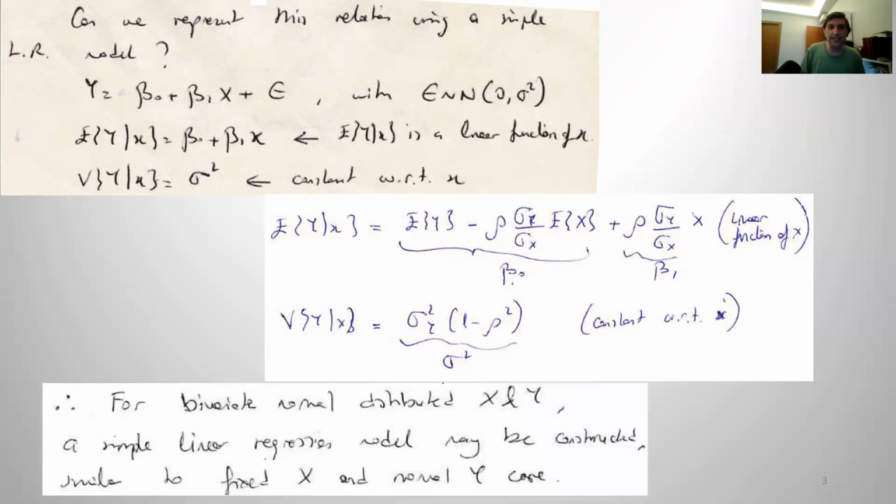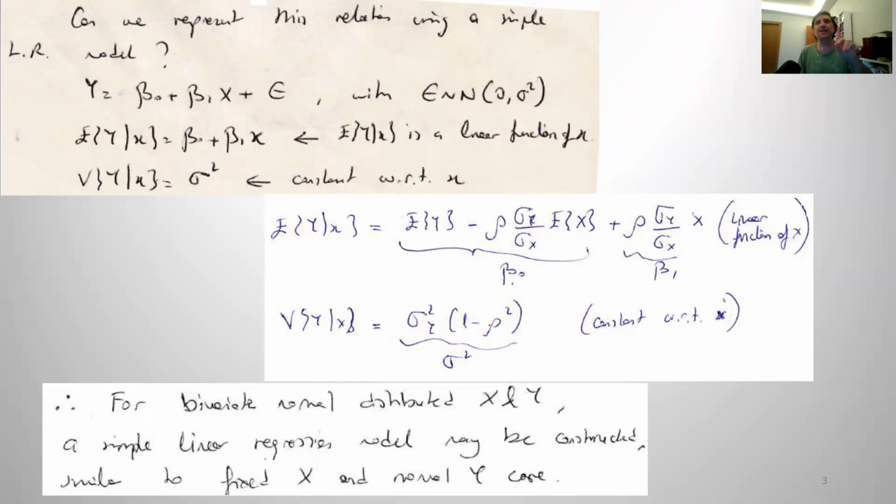So this is what it says: for a bivariate normal distribution, a simple linear regression may be constructed similar to fixed x in linear regression. That's an interesting thing, which says that the linear regression model will be valid, as I said at the beginning, both for controlled experiments with fixed x values, where you specify the x value.